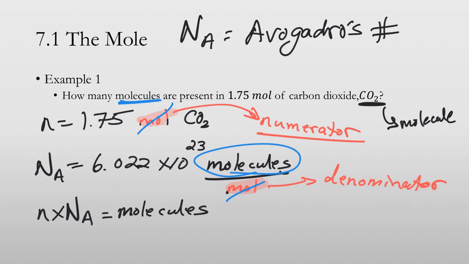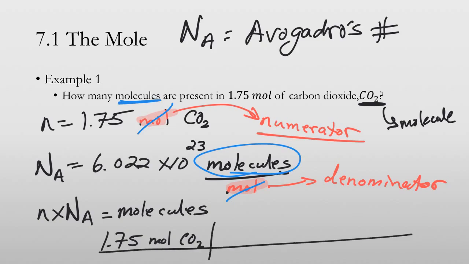So we have 1.75 moles of CO2 times 6.022 times 10 to the 23rd molecules of CO2 per mole of CO2, and moles of CO2 are going to cancel out.